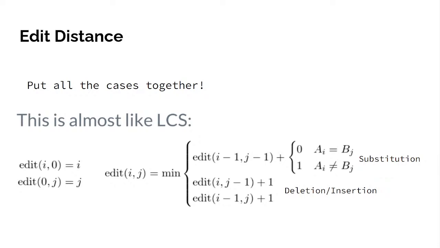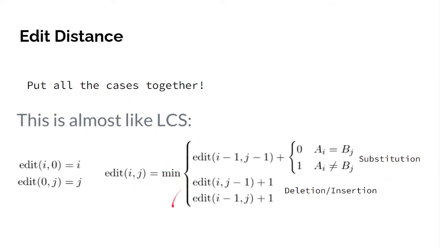So put all these cases together, you get this, which is almost LCS. Obviously if you have 0 characters in string B and I characters in string A, the most efficient way is to just add I characters. So edit i0 equals I. In a similar fashion, edit 0j equals J. And for edit ij, you have this, which we just explained.